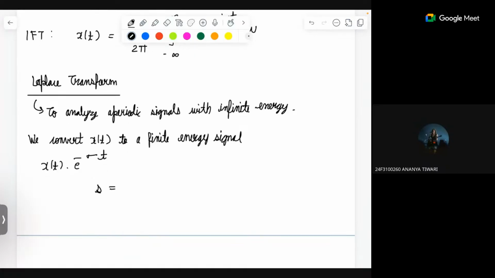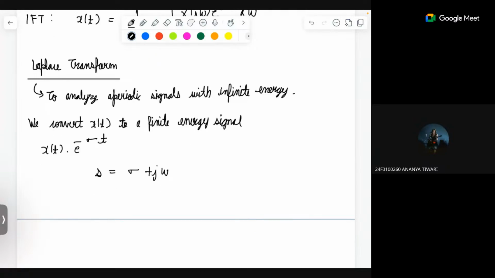So we say that s is equal to sigma plus j omega, and this s is the variable in the Laplace transform. So we define the Laplace transform as X of s is equal to the integration from minus infinity to infinity of x(t) e raised to the power of minus st dt. This is the Laplace transform equation.